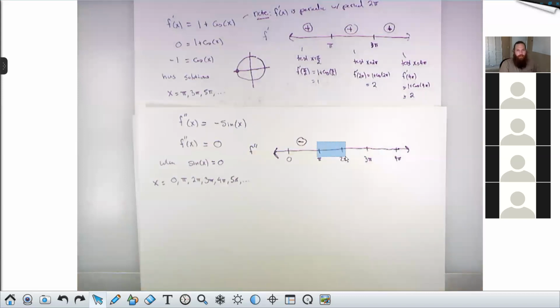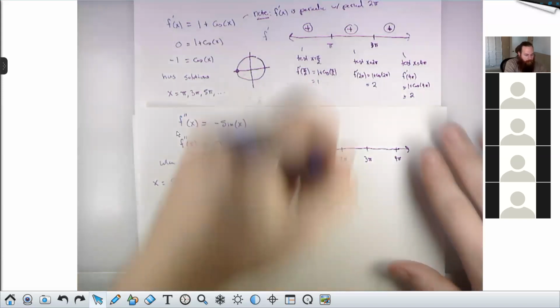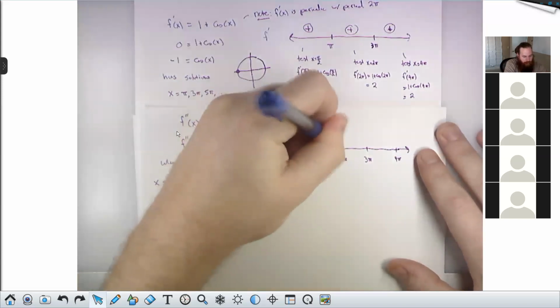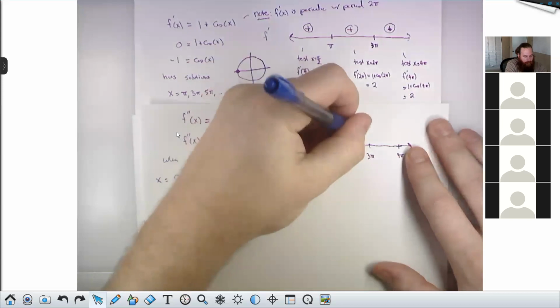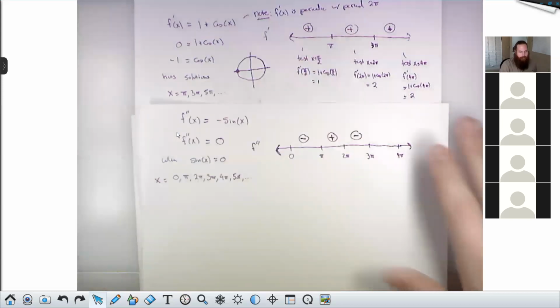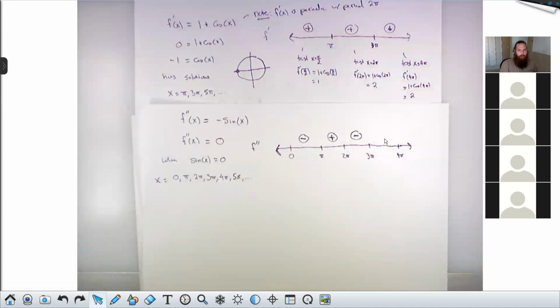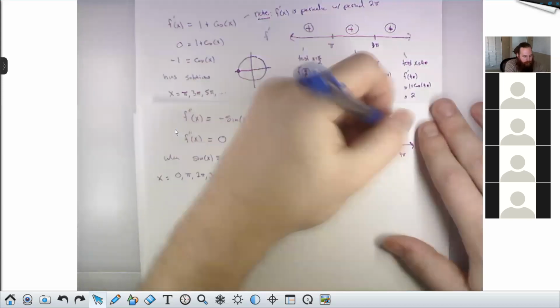Between pi and 2 pi, sine of x is negative because I'm down here at the bottom, so negative sine of x, f double prime, will be positive. Between 2 pi and 3 pi, I'm back up on the top part of the unit circle where sine is positive, so f double prime, negative sine of x, will be negative. Between 3 pi and 4 pi, again, I'm down here where sine is negative, so negative sine x, which is f double prime, will be positive.